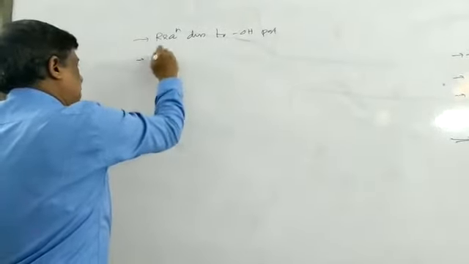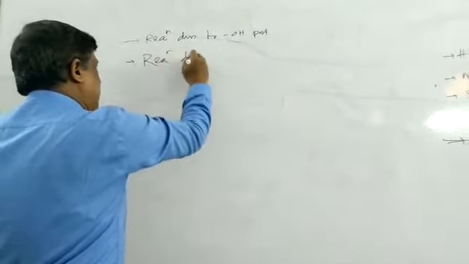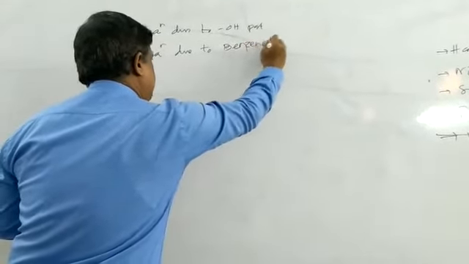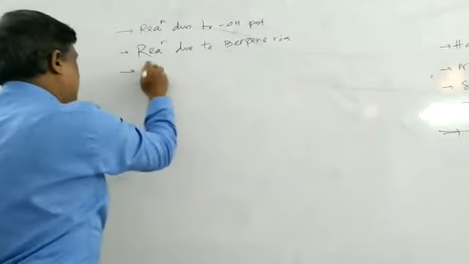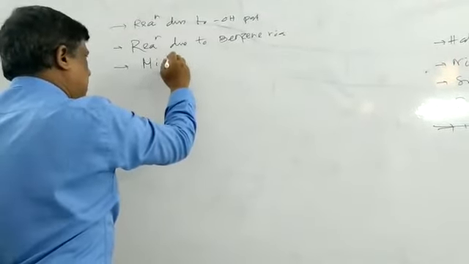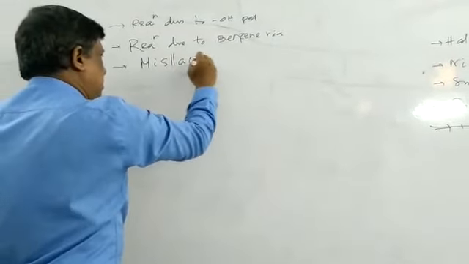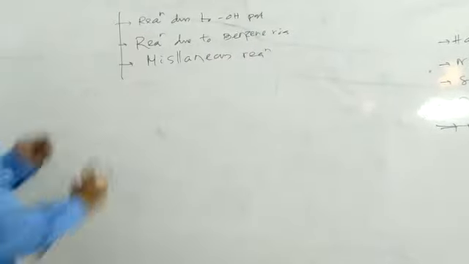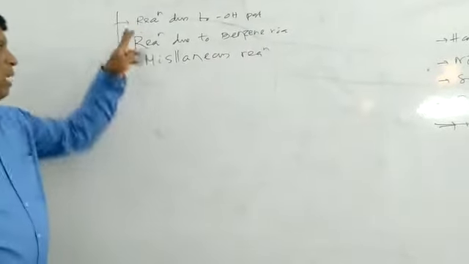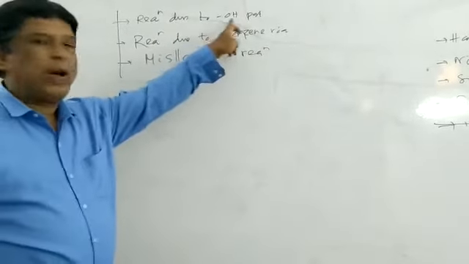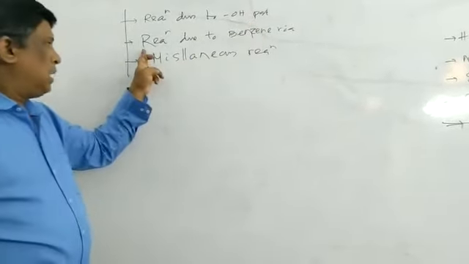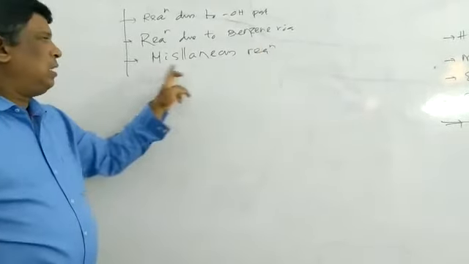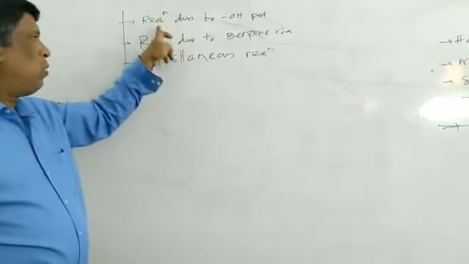Point two, reaction due to the benzene nucleus, and third one is miscellaneous reaction. First is the reaction due to the OH part of phenol. Second one, reaction due to benzene nucleus. Third is the miscellaneous. So point one part is over.